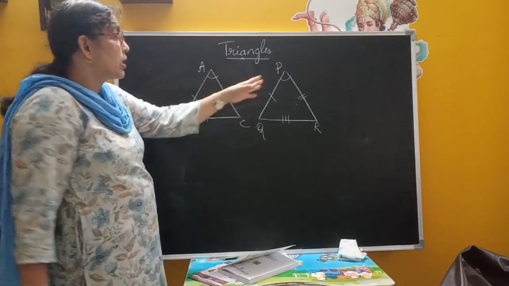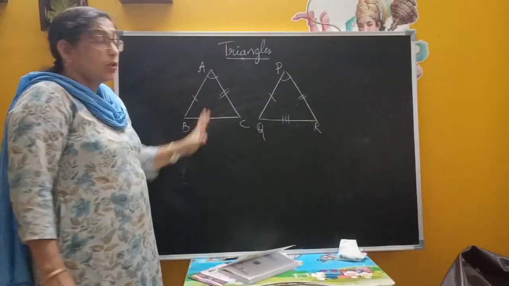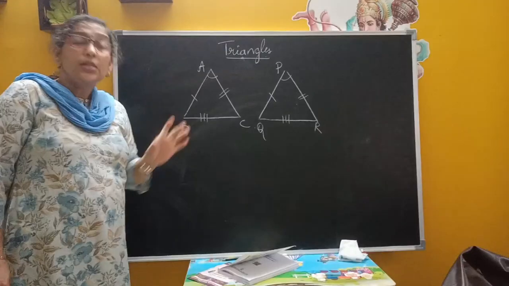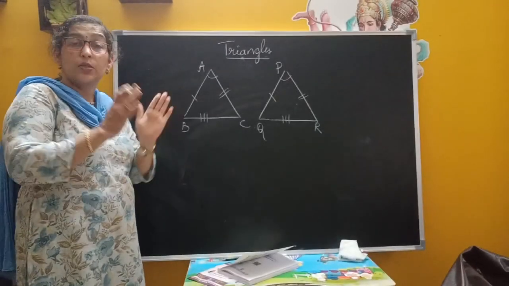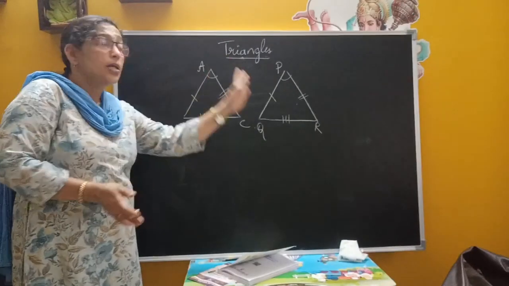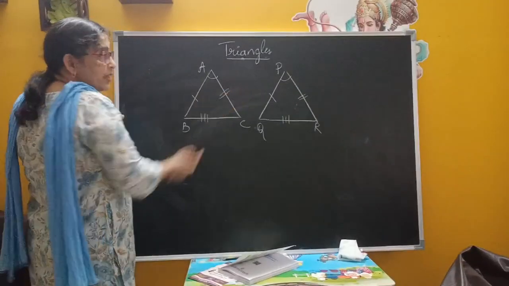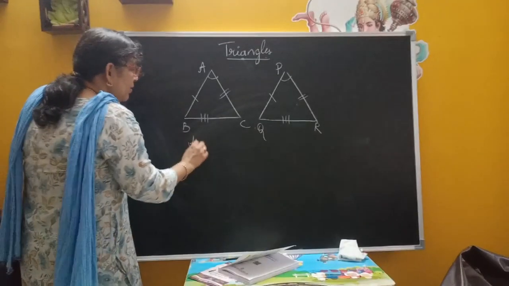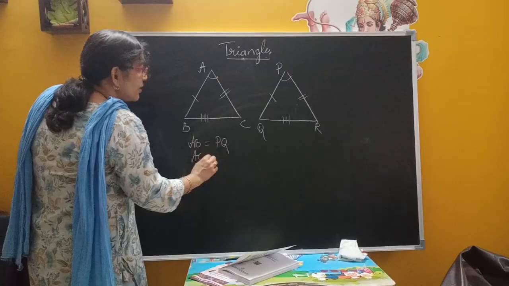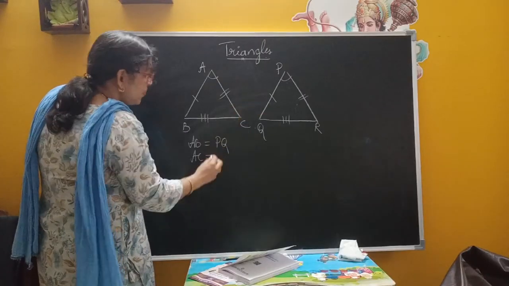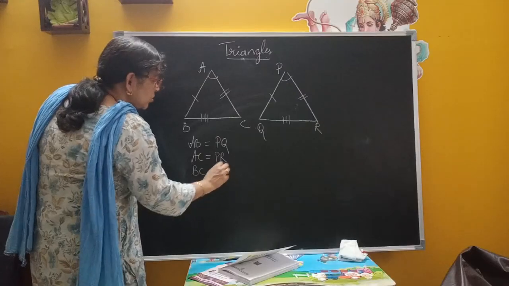These parts are called corresponding parts of the triangles. Two triangles are said to be congruent if the corresponding parts are equal, that means corresponding sides as well as corresponding angles are equal. So when can we say these two triangles are congruent? AB must be equal to PQ, AC is equal to PR, and BC is equal to QR.